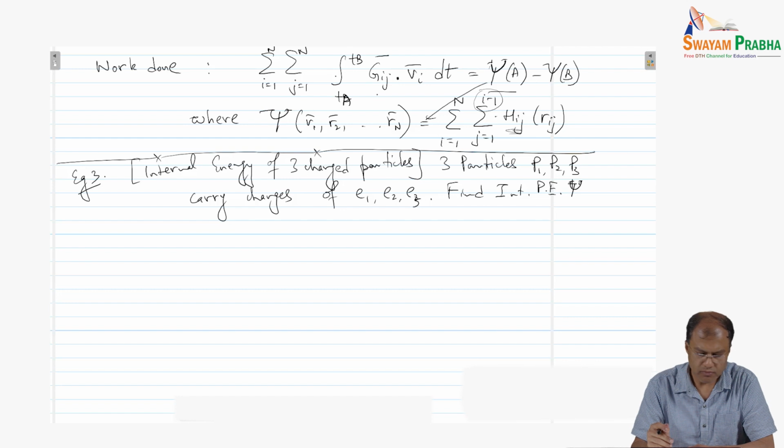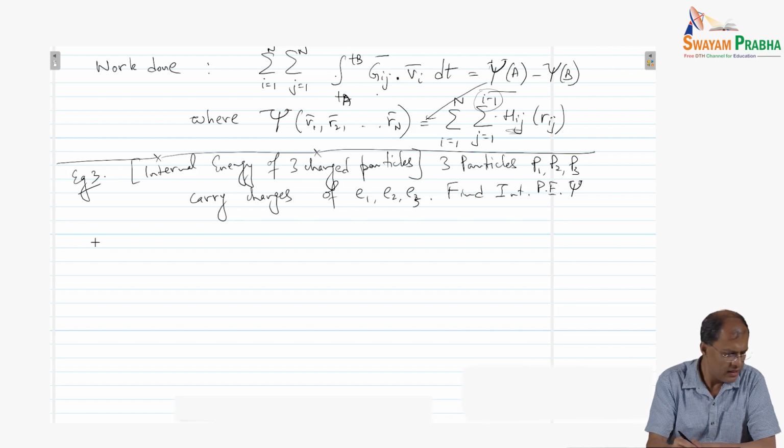Okay. So now we use some inherent physical knowledge about this setup of charges and write down the mutual interactions between, let's say, two particles at a time. So let's say particles P1 and P2.